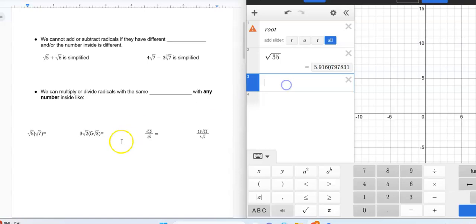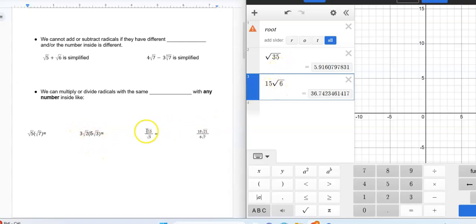When it comes to something like this, the 3 and the 5 are not in the roots, but you can multiply them together. 3 times 5 is 15. And then 2 times 3 is 6.